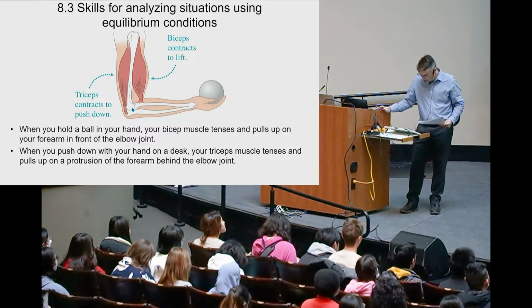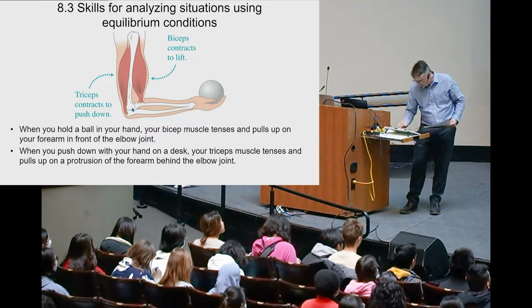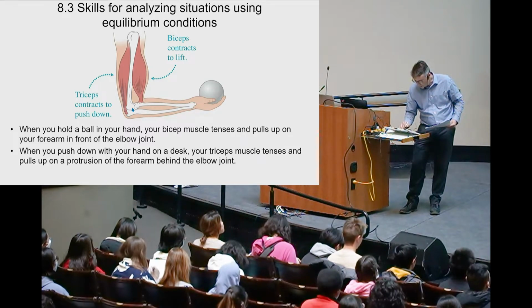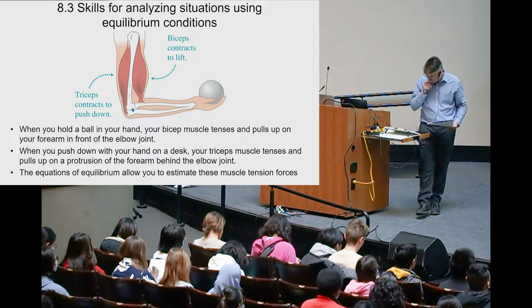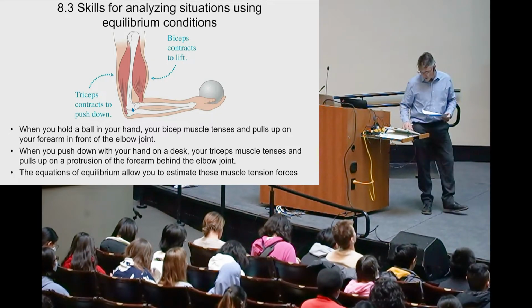Conversely, when you push down your hand on the desk, your tricep muscles tense and pull your arm backwards. So there's a clockwise torque that can be exerted on this forearm with your triceps, and a counterclockwise torque that can be exerted on your forearm from your biceps. The equations of equilibrium allow you to estimate these muscle tension forces.